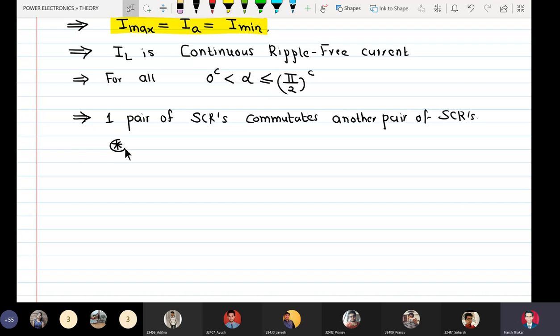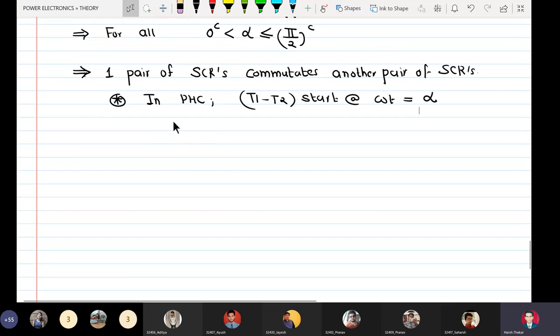That means in the positive half cycle, T1 and T2 start at omega t equal to alpha. Okay.